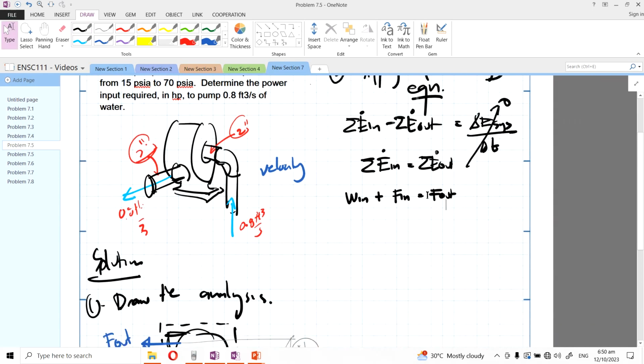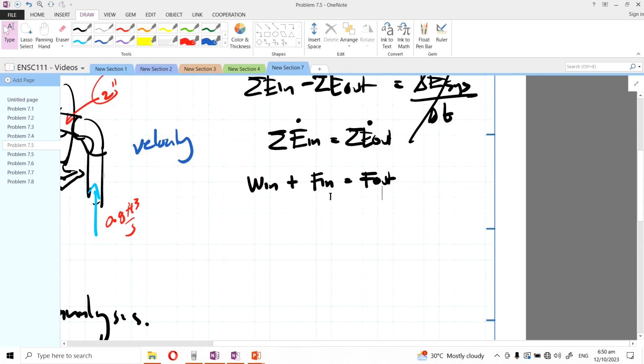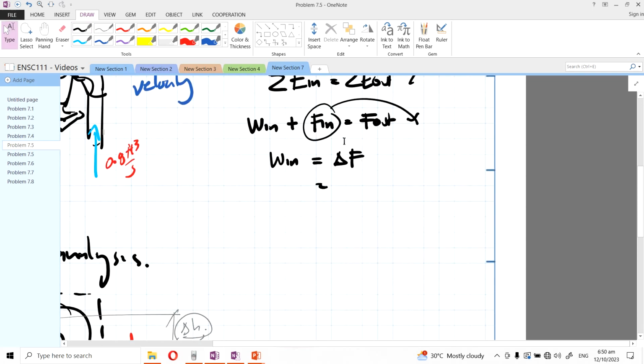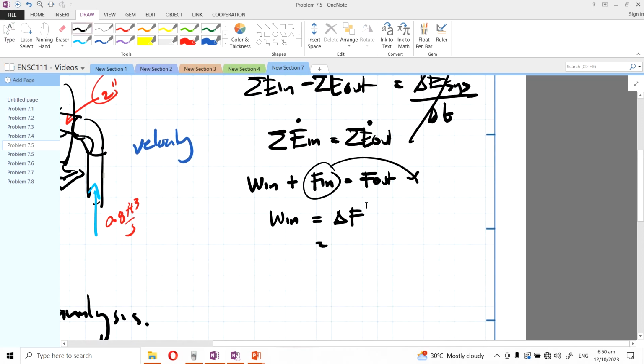As usual, I want to put this to the right side so that I can write it in terms of difference. So work input is equal to delta F, F out minus F in. Now what are the terms included in this F term? Recall we have delta H plus delta KE plus delta PE.